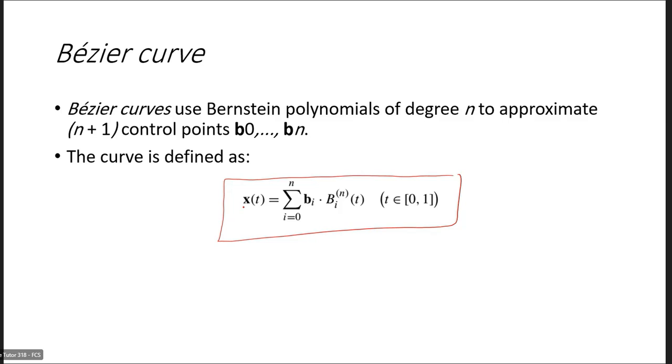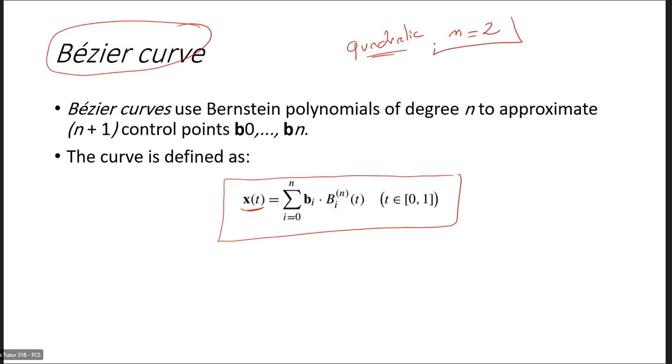So what do we have here? x of t equals the summation of b_i multiplied by b_i,n of t. What does this mean? Let's suppose that we want to create the formula of a Bezier curve with order 2, so order 2, meaning a quadratic curve. Quadratic means n equals 2.